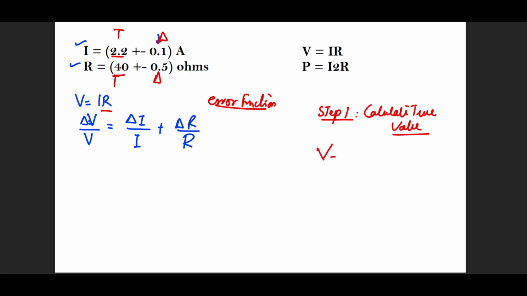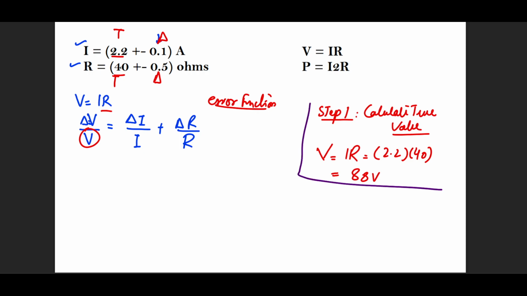So first calculate V, which is going to be IR, which is 2.2 times 40. This comes out as 88 volts, right? Now this is my calculated answer, which is going to go at this place of the calculation. This step one is complete.